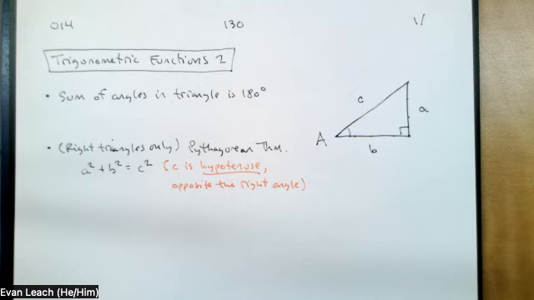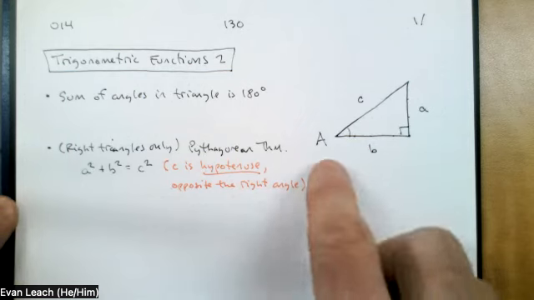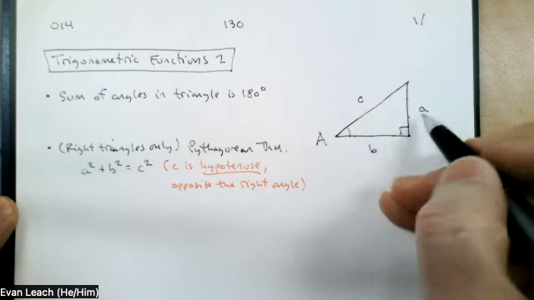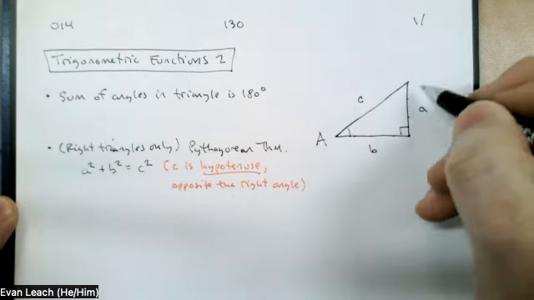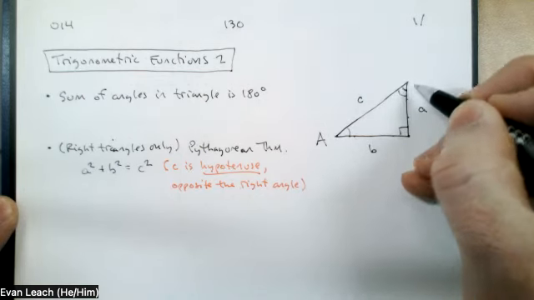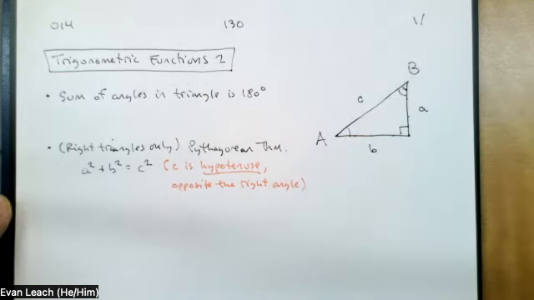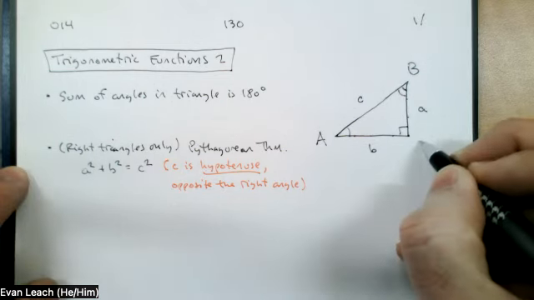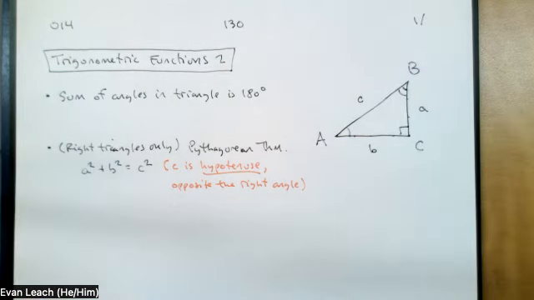C. So instead of using a capital A for the angle opposite lowercase side A, capital B for the angle opposite side B, and angle C for the angle opposite side C, we might give them Greek letter names.